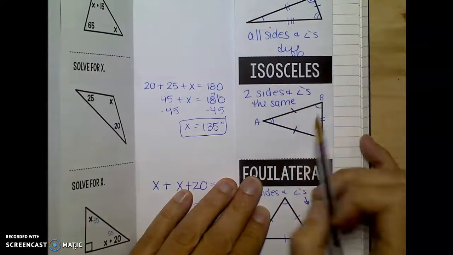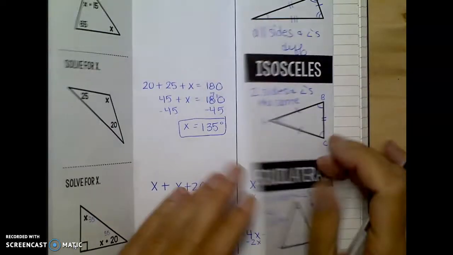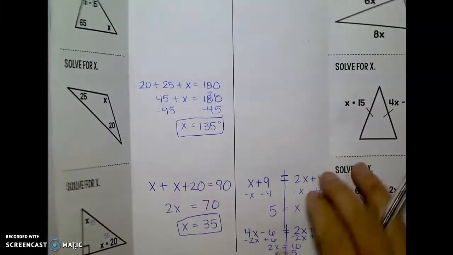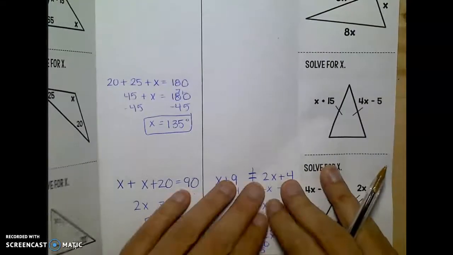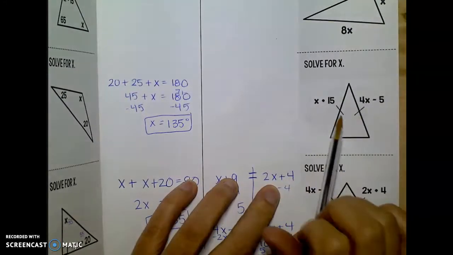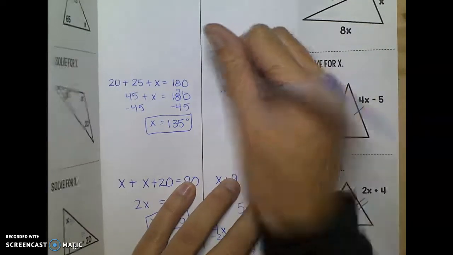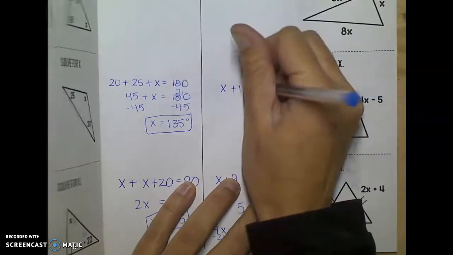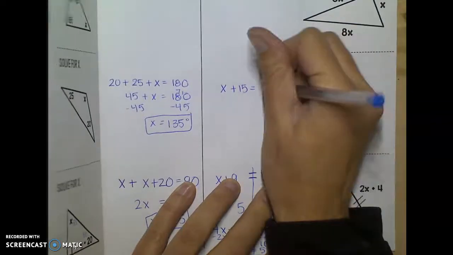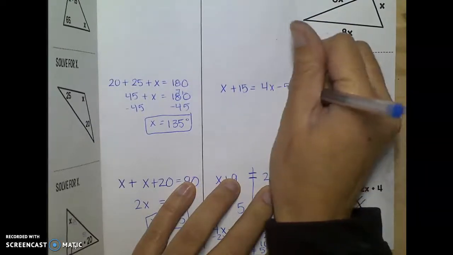If we're isosceles, then that means two sides and two angles are the same. Okay, so if I look here, they're showing me that I have these two sides that are the same, and so I should just set them equal. So x plus 15 equals 4x minus 5.